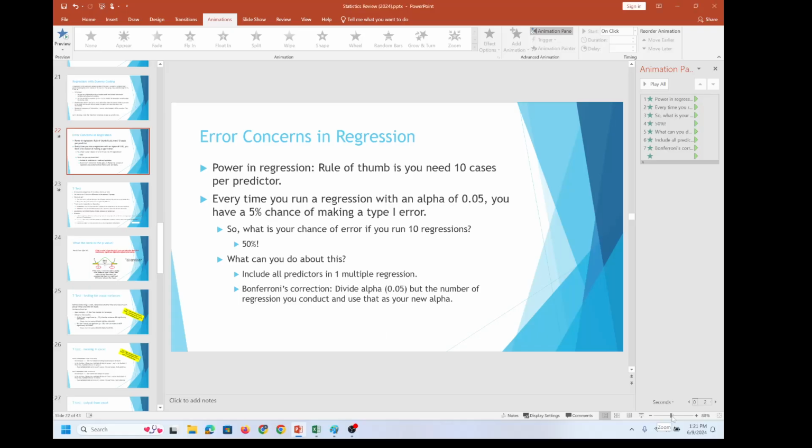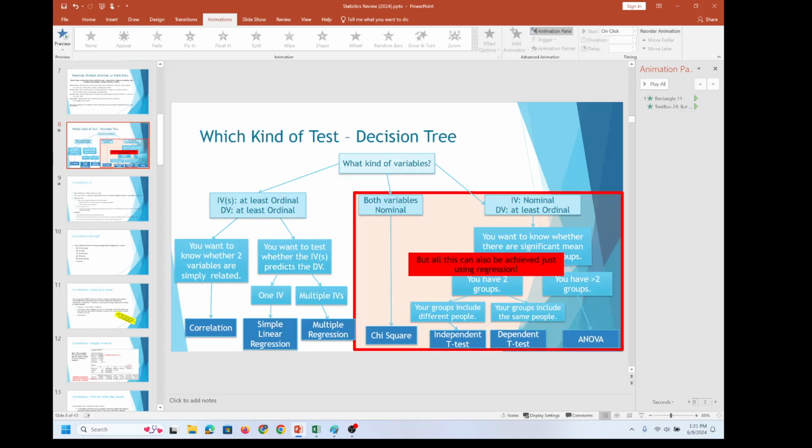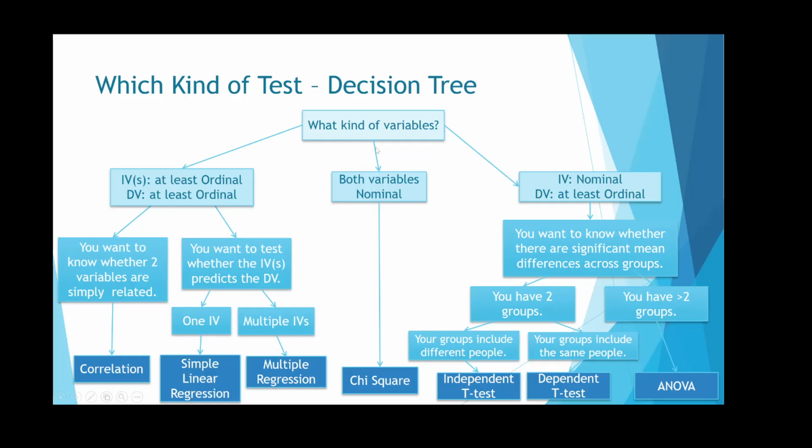Okay, so that concludes the videos on regression. I do, though, want to revisit this decision tree. Regression was over here. So what kind of variables do you have? Typically, your independent variable and dependent variable are at least ordinal. You want to test whether the independent variable predicts the dependent variable.